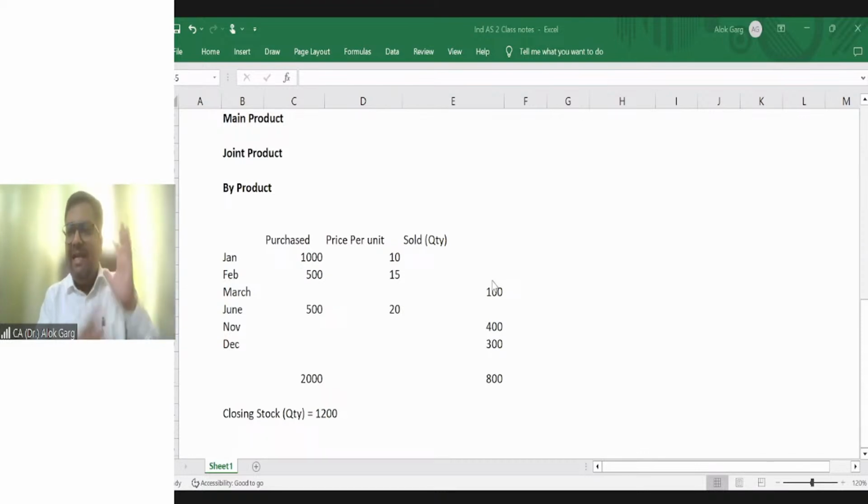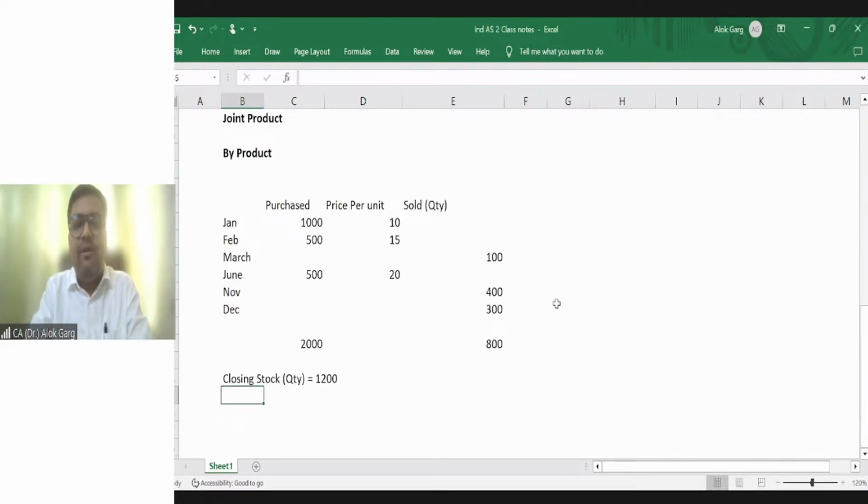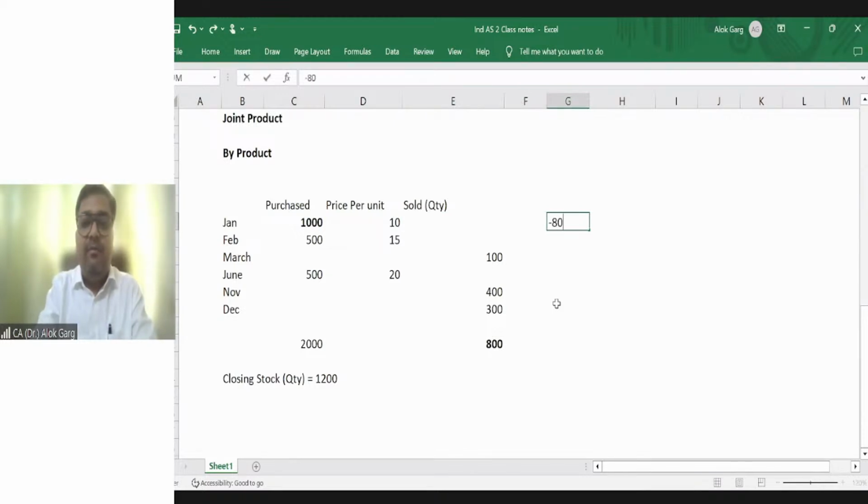The old stock I will release first, and the latest stock I will keep. So the 800 quantity which is sold has to be from January only.